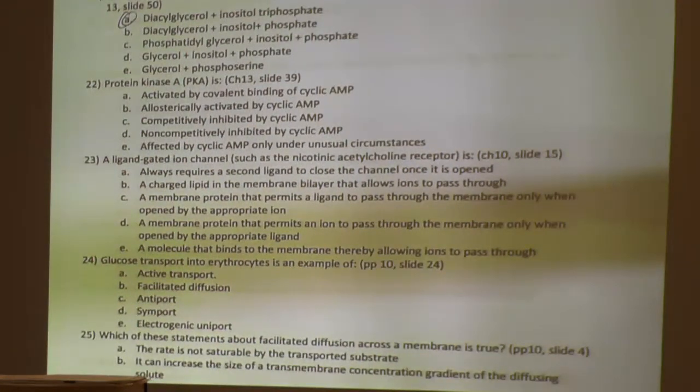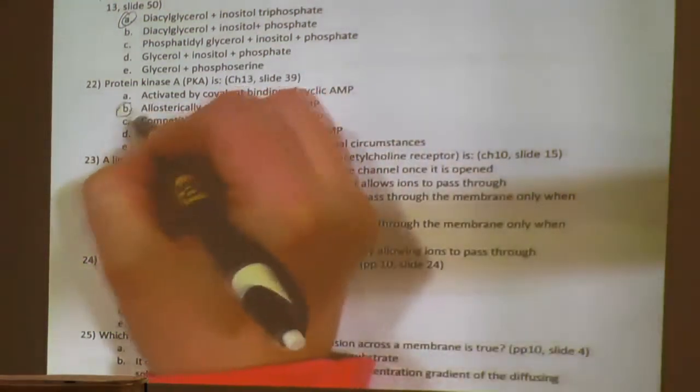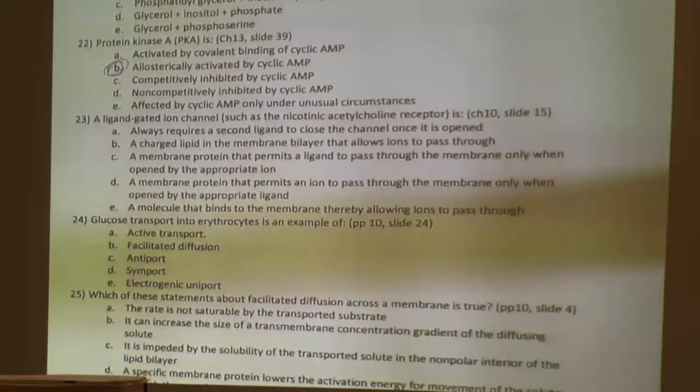So pKa is what? B? Yeah, exactly. It's allosterically activated by cyclic AMP. A ligand-gated ion channel is what?